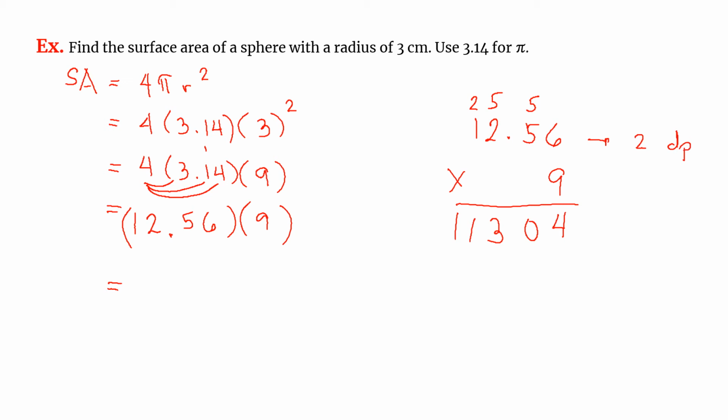So from the end, move tayo ng 1, 2 units to the left. Okay? That's why meron na tayong 113.04 cm squared or square centimeter. At ito ang ating surface area sa problem na ito.